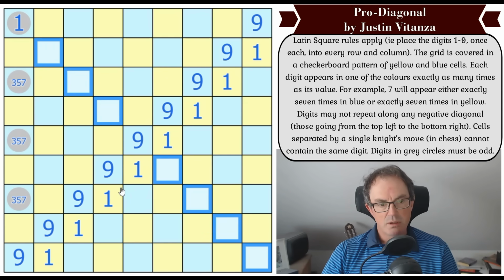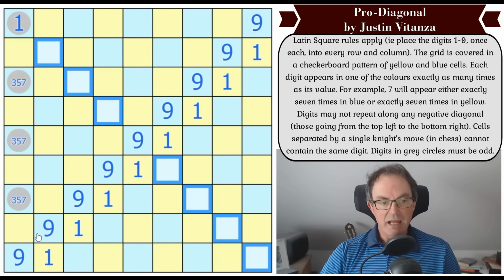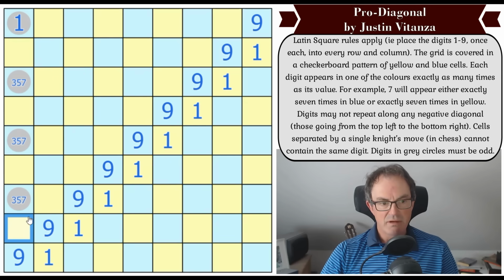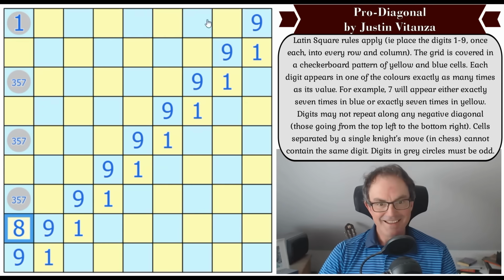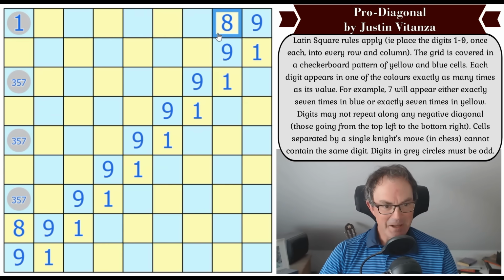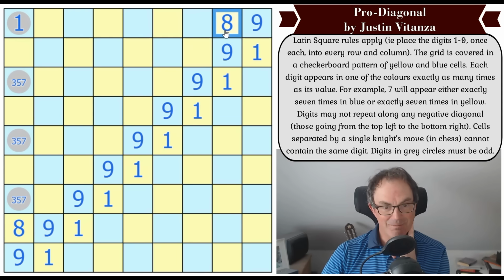So each yellow diagonal, and there are 8, contains an 8. So that's an 8. This is an 8. I think we're going to get 8s along this diagonal, but let's just prove that.